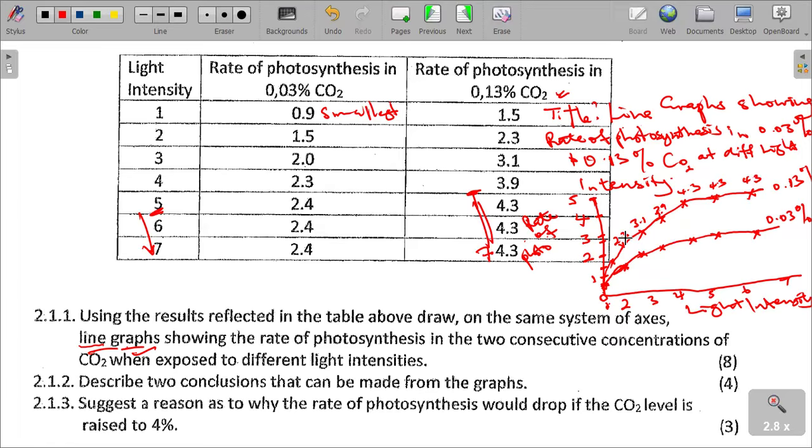So what I'm saying is, in other cases, you need just to mark the points and put the readings of the point that you have drawn, just to ensure that the person marking can see what you are saying, instead of trying to assume what the point marked there represents.